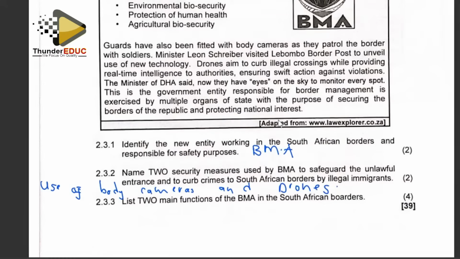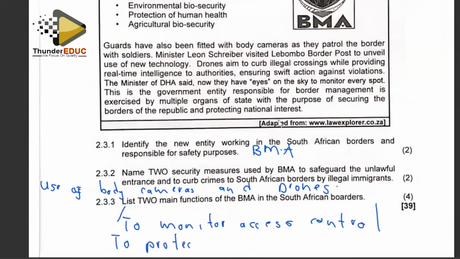Then list two main functions of the BMA: to monitor access control, to monitor the people who are getting into the country and out of the country. Then in addition to that, to protect human health.